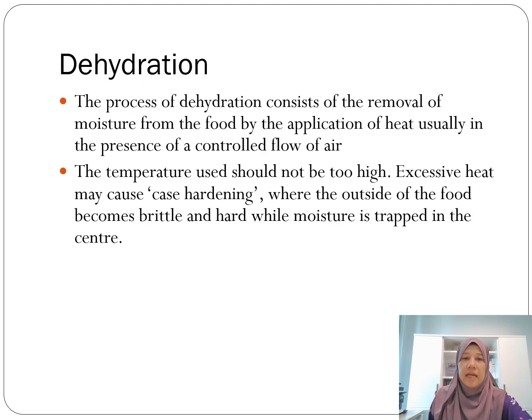Next, dehydration. The process of dehydration consists of the removal of moisture from the food. You remove the moisture content of the food through the dehydration process, and normally we use heat for this process. The temperature should not be too high, because excessive heat may cause case hardening.